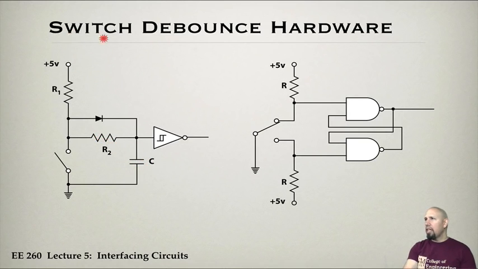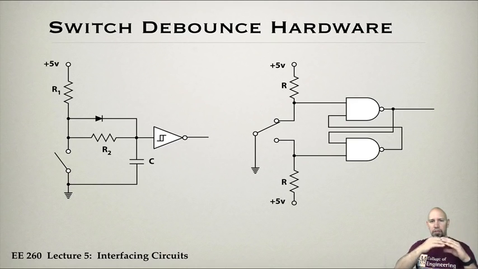And we're going to talk now about switch debouncing. We've talked a little bit about the fact that when you switch a switch from one place to another, it may bounce. It may bounce several times before it finally settles.